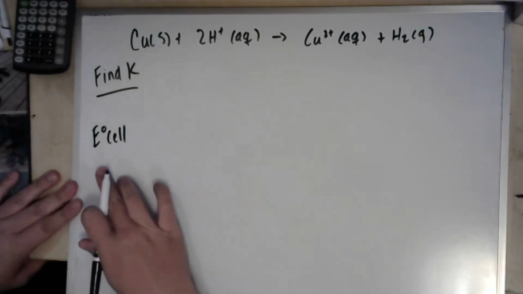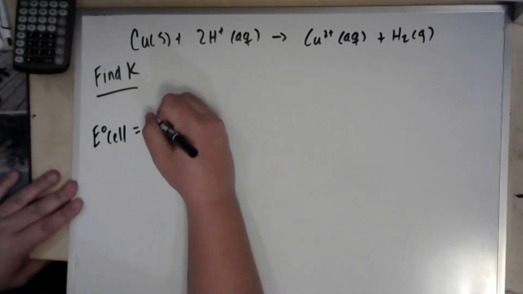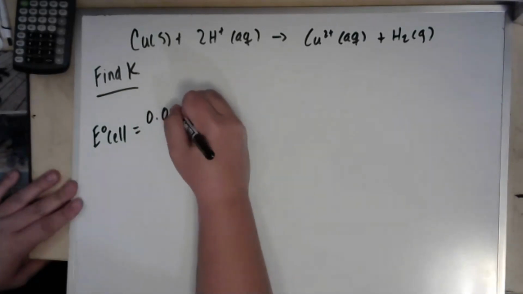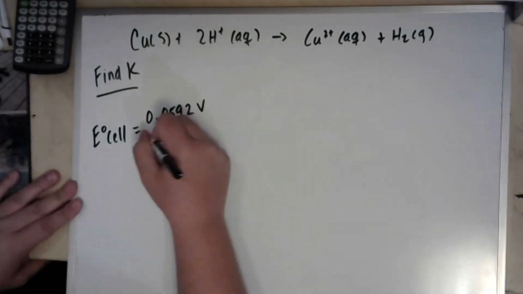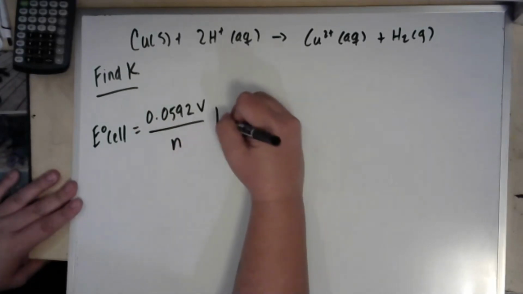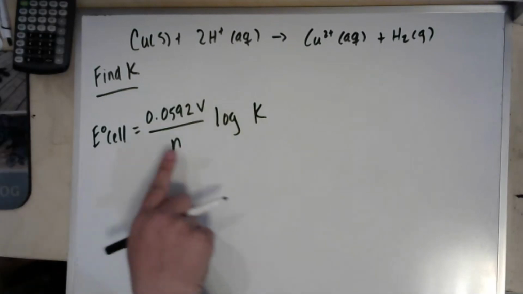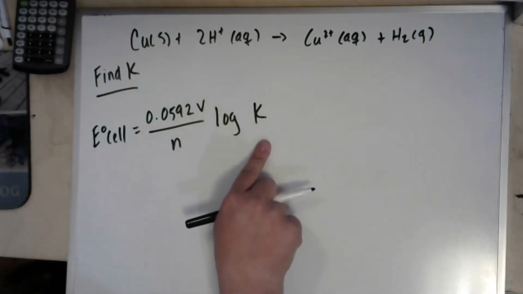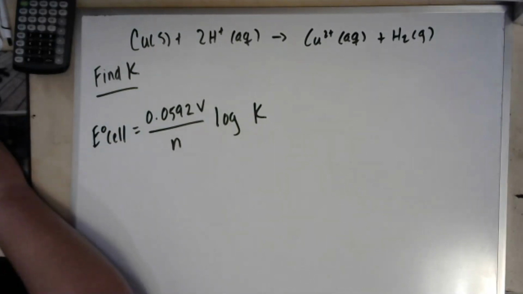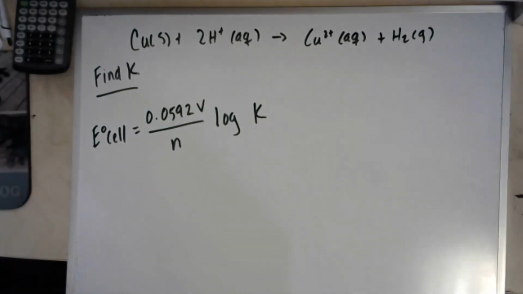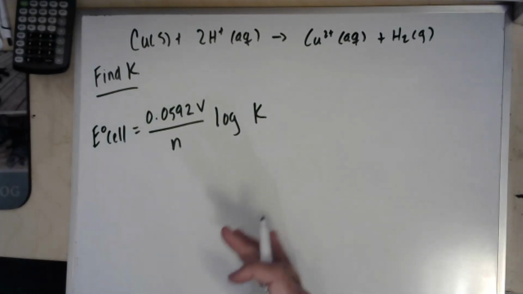For this one, the equivalency is that E cell equals 0.0592 volts over N log K. So if we find E cell and if we find N, we're again going to be able to calculate K. So we're going to start the same way we did last time by splitting these up into their half reactions, so we can look at their E cell values and also figure out the moles of electrons that were used in the reaction.